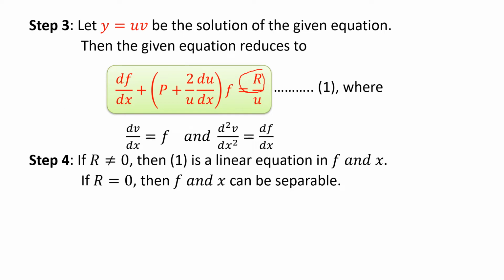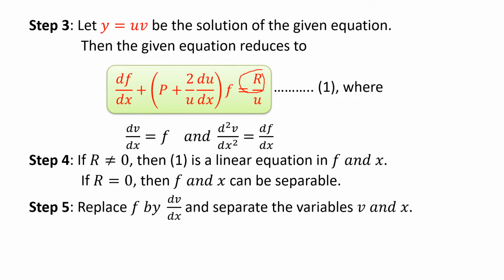If r is equal to 0, then f and x can be separable. And the fifth step is replace f by dv by dx and separate the variables v and x, and then integrate and find the value of v. Then the last step is write the complete solution, y is equal to uv.